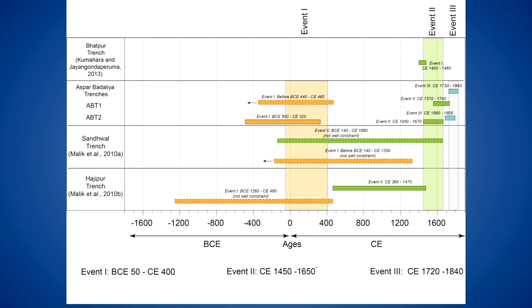So, we say that the penultimate event was around 1500 AD, which can be bracketed between 1450 and 1650, and the recent event was around 1800. Okay. So, this is how we try to identify the events and correlate our trench data with the other trench data also.